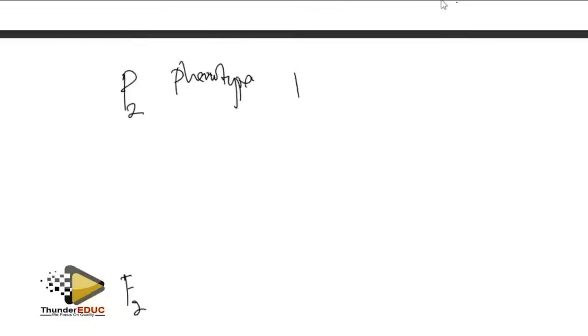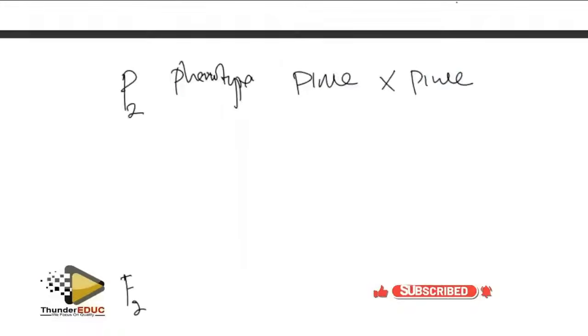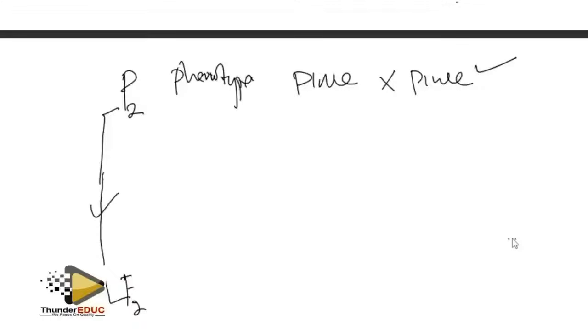So now, there you talk about phenotype, which is pink. I told you that this is obtained from the question. Check what they are saying: a gardener crossed two pink flowered snapdragon plants. It is always obtained from there. So it means that I've got a tick here, a tick there, and also a tick there. So now 2 marks.